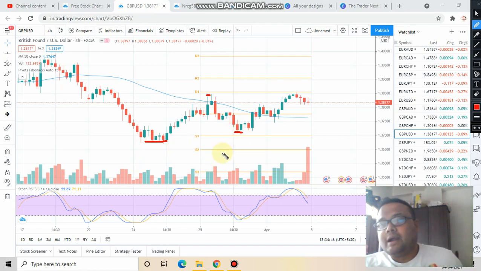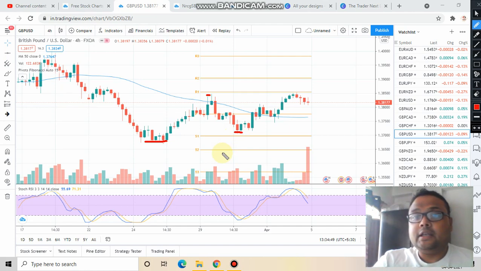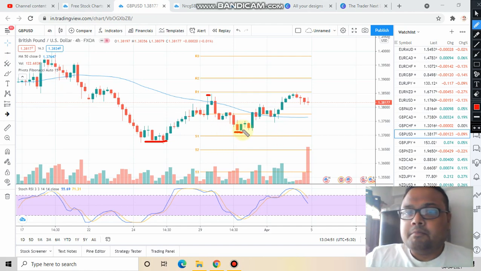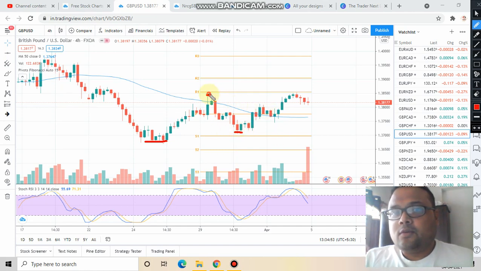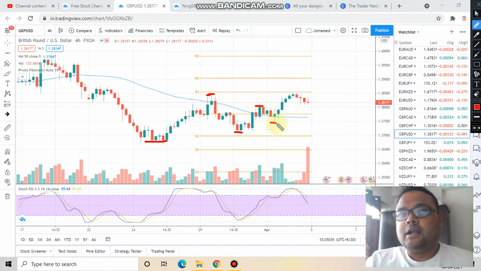Market makes a higher low when it tries to go up. Market went up again, could not break the previous high, made a lower high. Again came down, made a higher low.